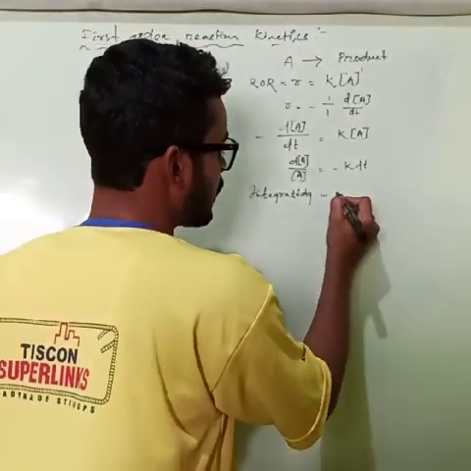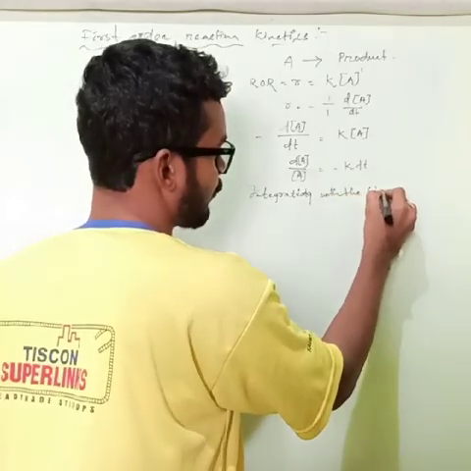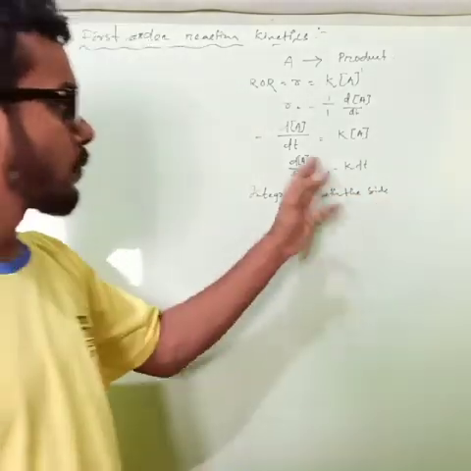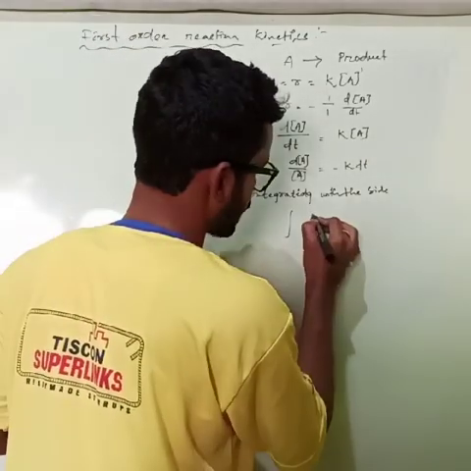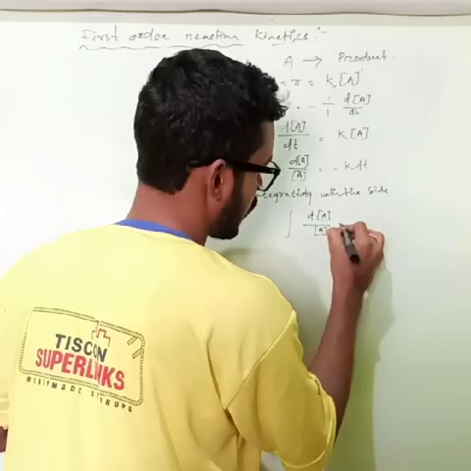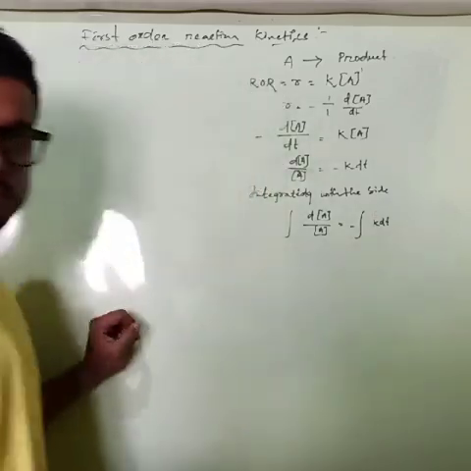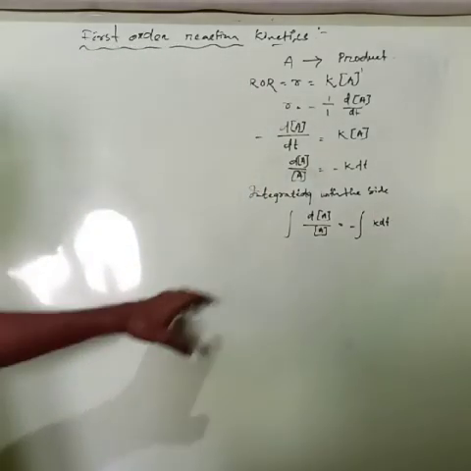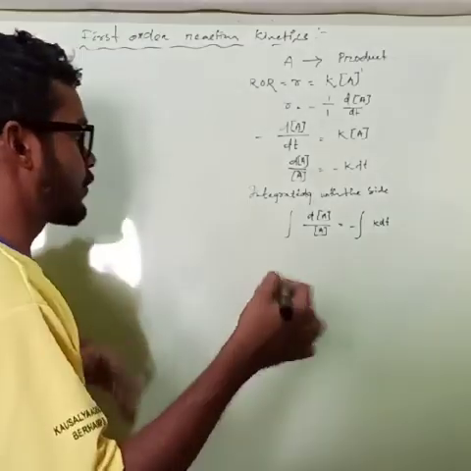So integrating both the sides, what will you get? The integration of dA by A equals the integration of K dt. Suppose we have initial and final.